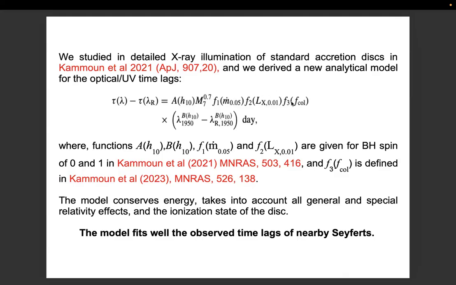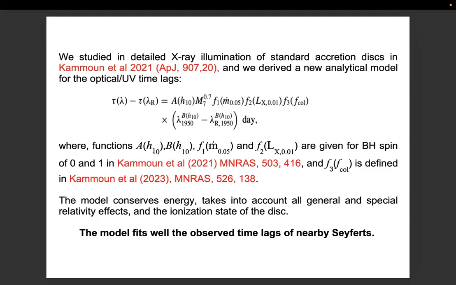It also depends on this spectral hardening factor that many people use when they model their SEDs. Because you have a black body, but of course this black body will be modified by scattering effects in the disk atmosphere, and lots of people use this hardening factor to correct their spectra.